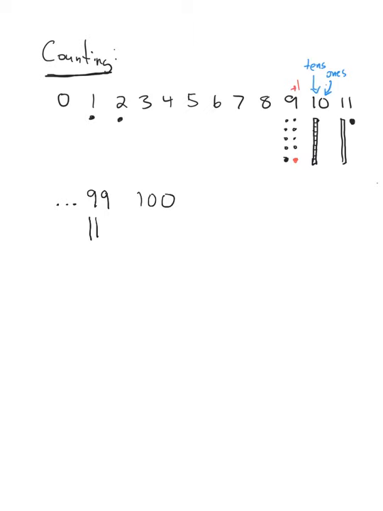So I have 1, 2, 3, 4, 5, 6, 7, 8, 9 tens. That's this here, 9 tens. And then I'll do the ones in blue. And I have 9 ones. So that's what this number represents, 99. 9 tens and 9 ones.